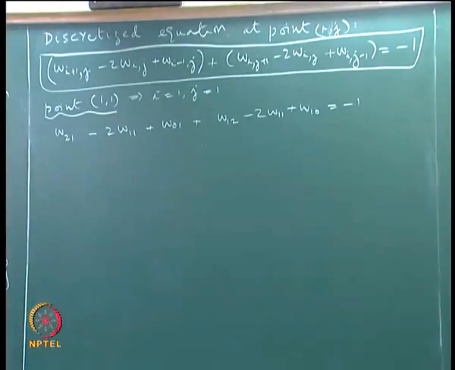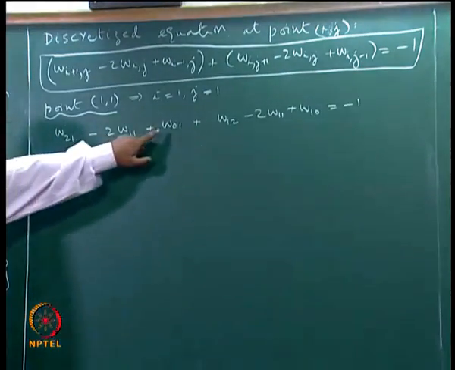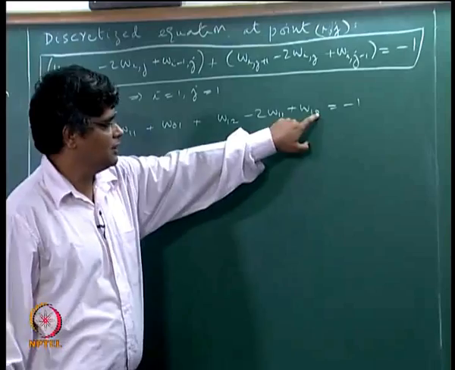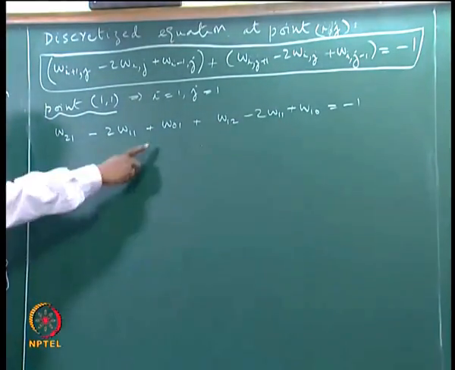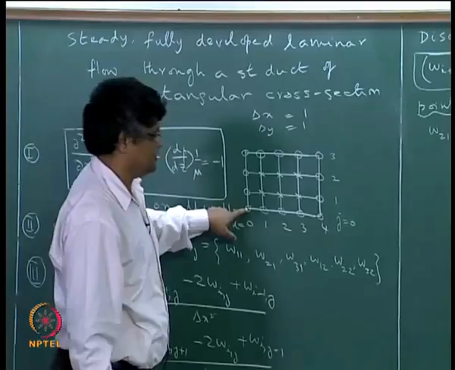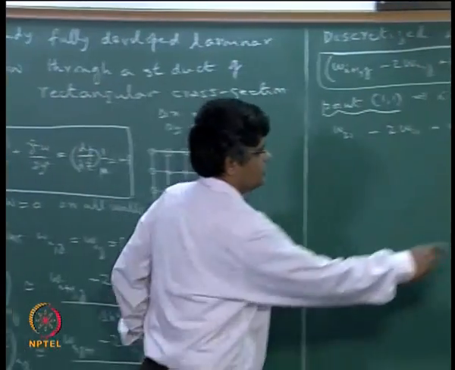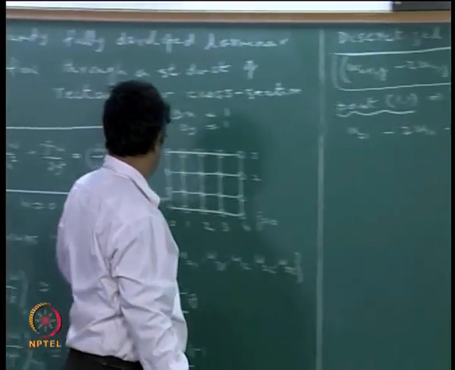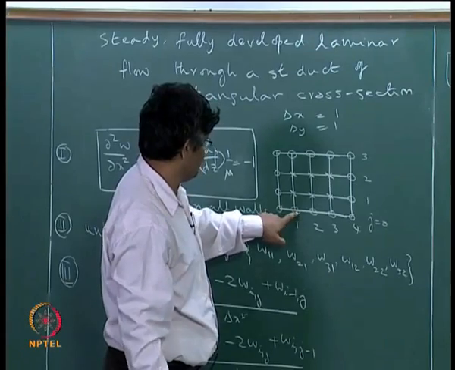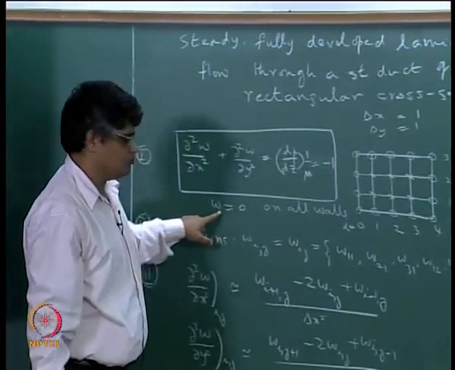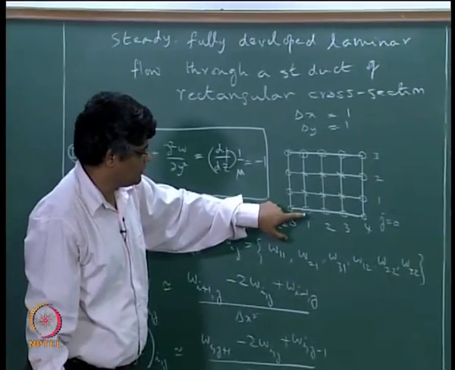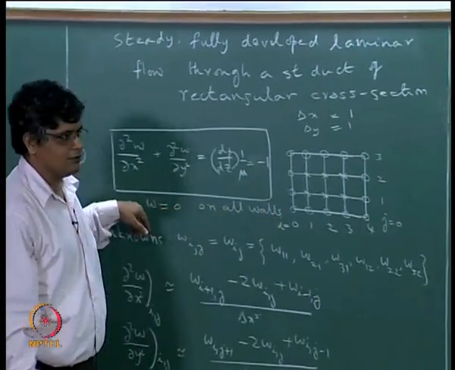Okay. In this, these points with zeros are the boundary values. For example, W01 is this point, and W10 is this point, and we know from the boundary condition that at all these points W is equal to 0.